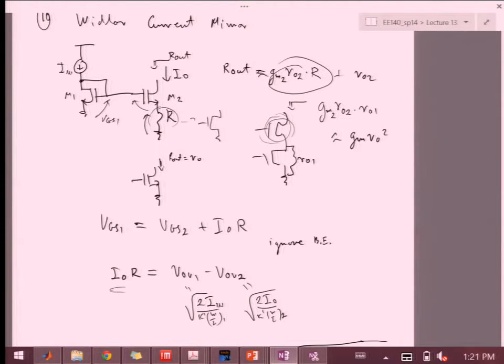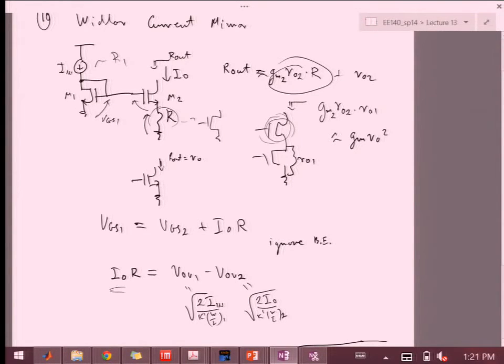Plus, if instead of I in you replace it with a resistor like R1, that resistor would have to be very big if you were just directly mirroring the current, because you would have to have I in to be very small.